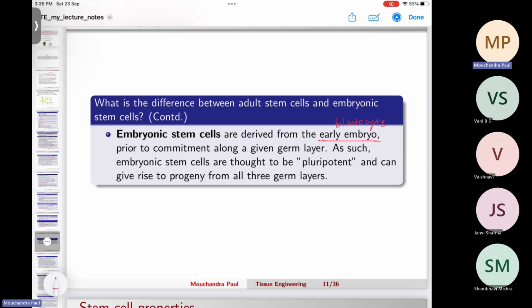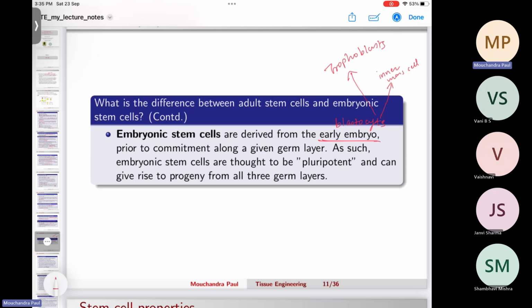So the 16 cell stage is called a blastocyst, okay, and the blastocyst consists of two type of cell population. One is called the inner cell mass and another is the trophoblast. So these things I hope you remember because we have already discussed.